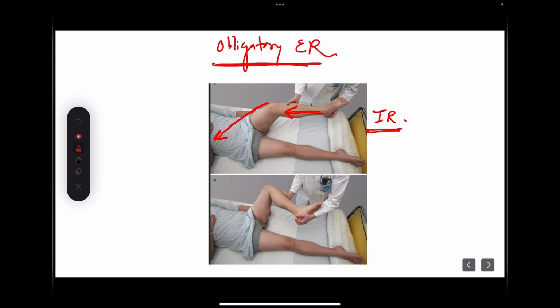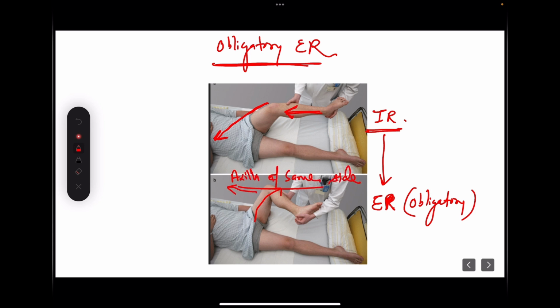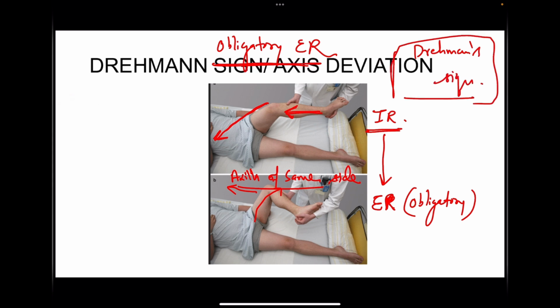And in children with SCFE, you cannot have internal rotation because their attitude of the limb, because of the deformity, is obligatory external rotation. So whenever you try to flex the hip, it on its own goes toward the axilla of the same side. That is because of obligatory external rotation, as you can see in this diagram. And what is the name of this sign? It is Drehmann's sign. This is obligatory external rotation of the hip with hip flexion, Drehmann's sign, and this is also known as axis deviation.